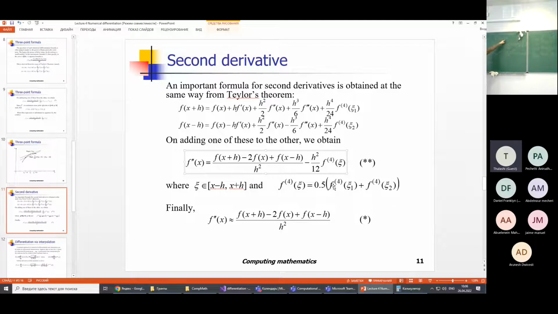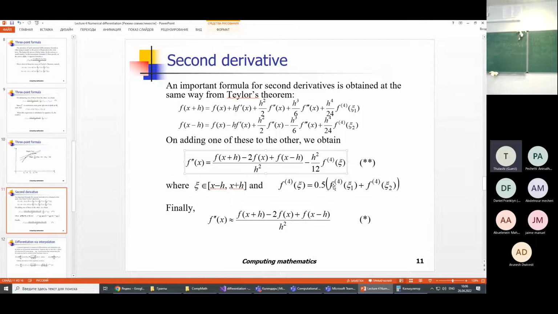It's the derivative of this one. Fourth derivative? Derivative of a constant? It's 0. Derivative of a constant is 0. It means that the second term will be 0. The fourth derivative is 0.